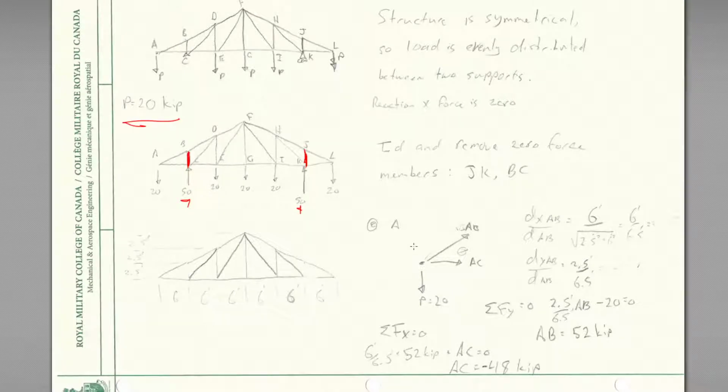So I'll just redraw the diagram, omitting those members and labeling the dimensions as well. There's 6 feet in between each of the sections here, and there's a steady rise from the tip to the top, gaining an additional 2.5 feet per section.